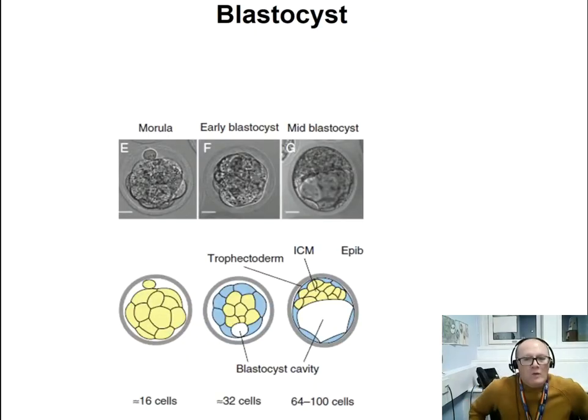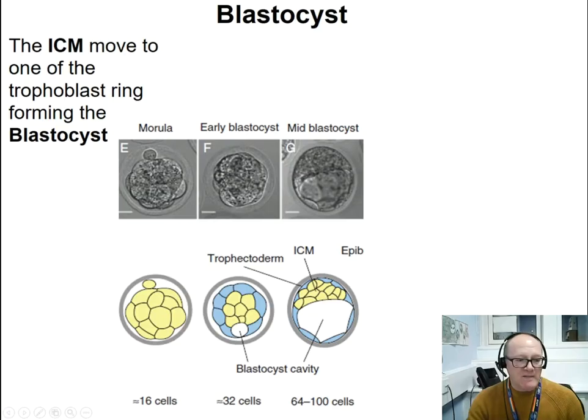The embryo becomes a blastocyst at this stage, when it starts to produce the blastocoel, or the blastocystic cavity. The trophoblast starts to produce liquid that fills a cavity and pushes the ICM toward one side.